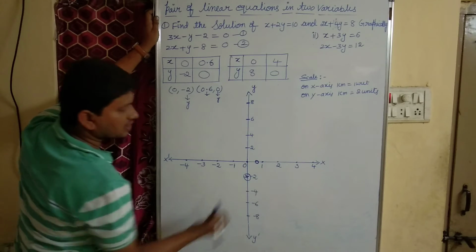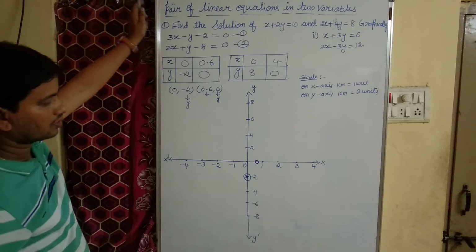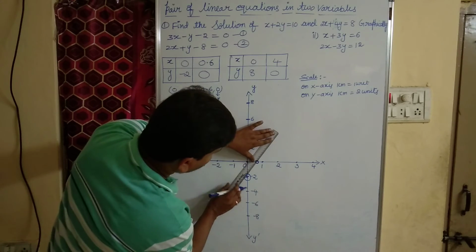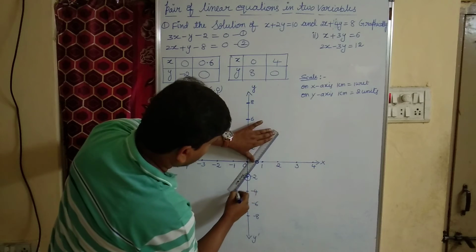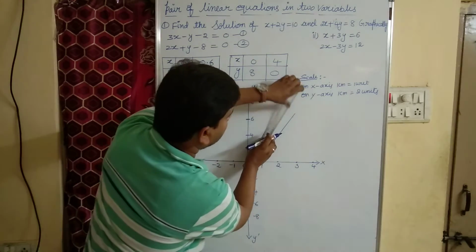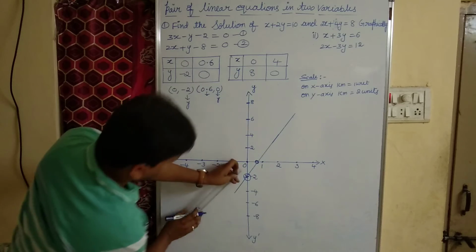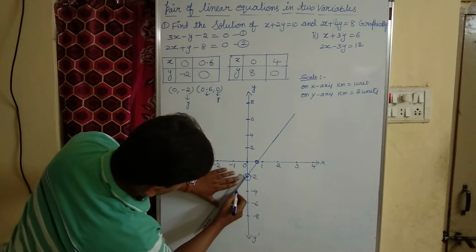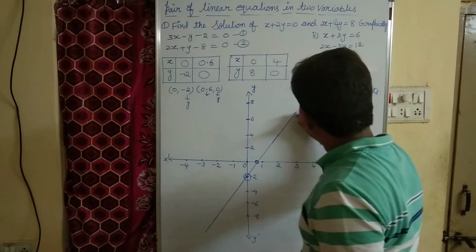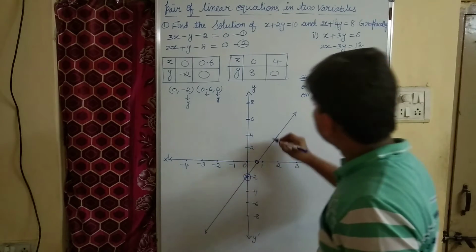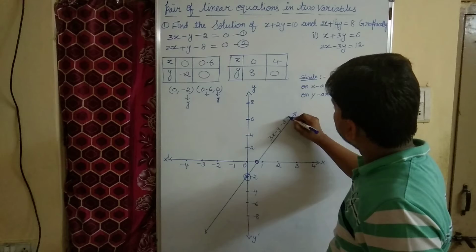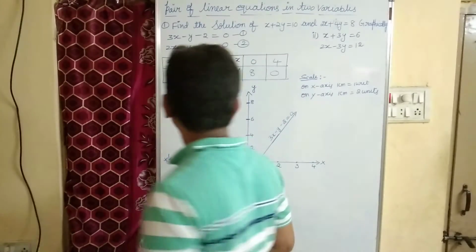This is our 0.6, 0. Okay. Let us join these points. So this is our line 3x minus y minus 2 equal to 0.